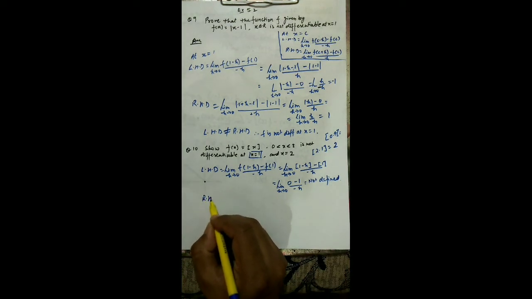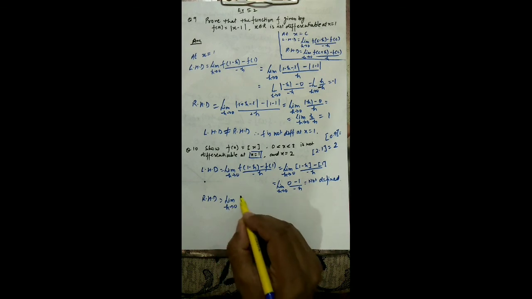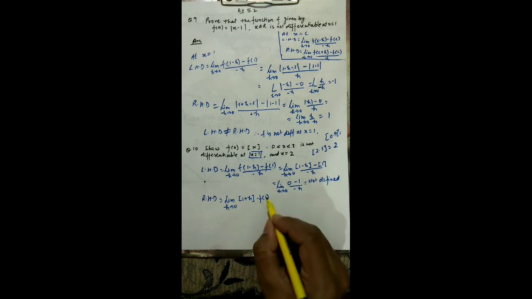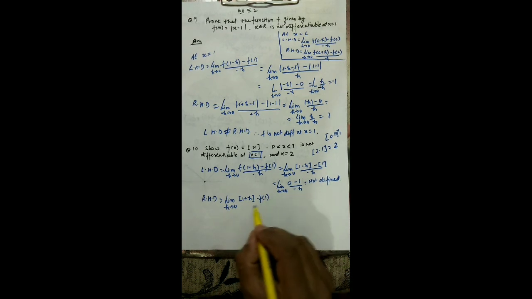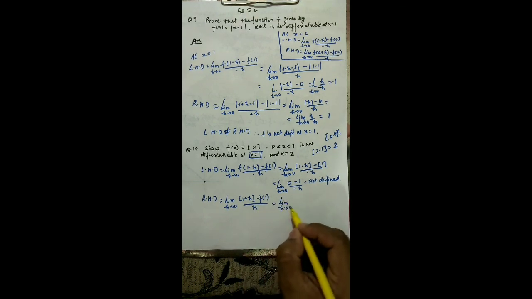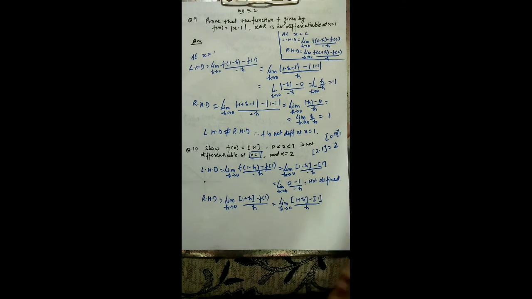Now find the right hand derivative, limit h tends to 0. I'm applying the formula: f(1 plus h) minus f(1). Here I should write the greatest integer function, but in the next step I'll write this. So this is limit h tends to 0 of 1 plus h minus 1 upon h.